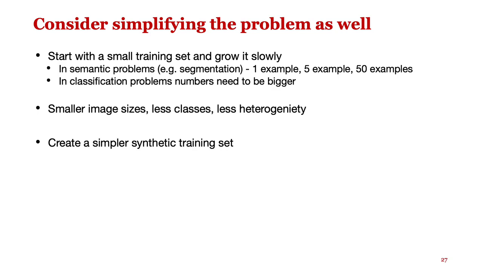Make your images smaller by reducing their resolution, as long as that resolution reduction does not deter your model from doing its task, for example, does not hide the pathology you might be trying to find. Reduce the number of classes, for example, reduce your problem to a simplified 2-class problem, and make sure that you don't use data from multiple sites that might have other issues in terms of domain shifts and things like this.